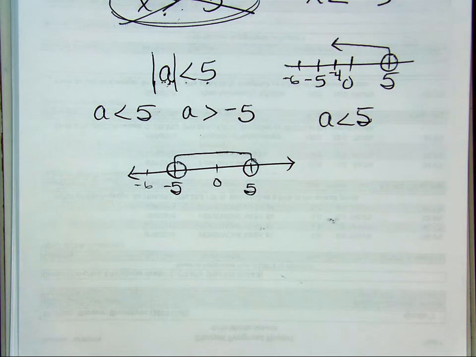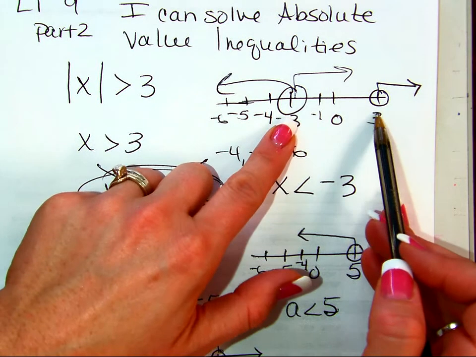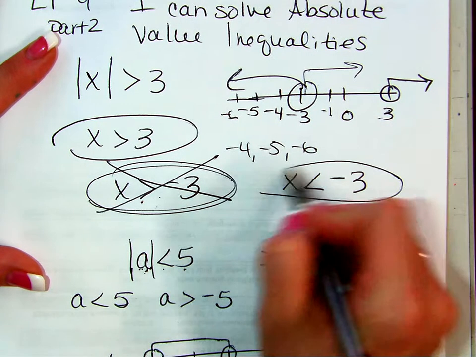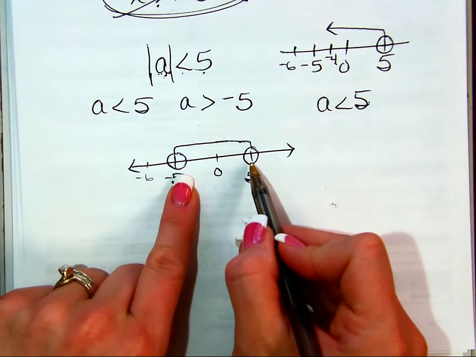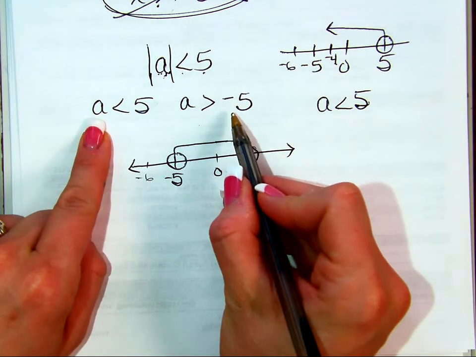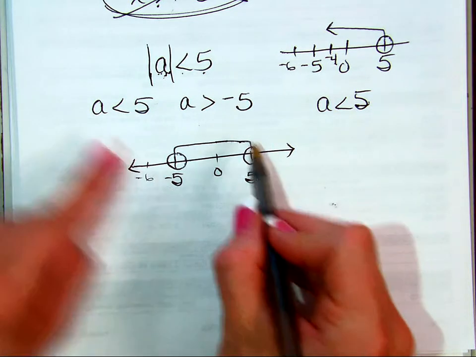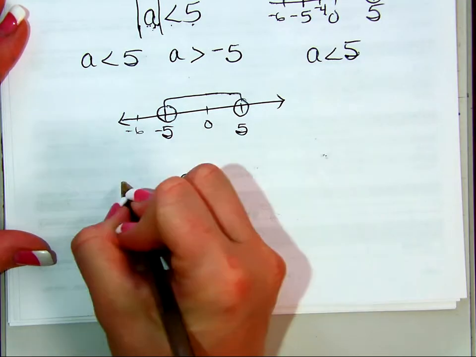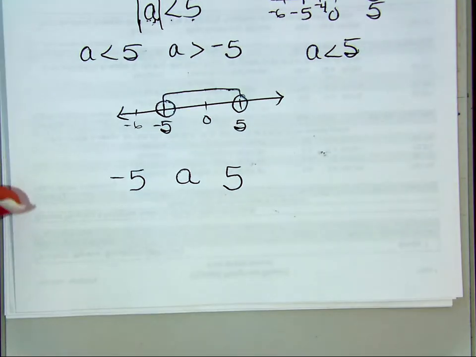So here's what you're going to do. If you graph it and it looks like this, you're good. One answer is this. The other answer is this. If you graph it and it looks like this, that's not good enough. How do we write ands? Yes. We take the A, we take the negative 5, we take the positive 5, and then we combine it.